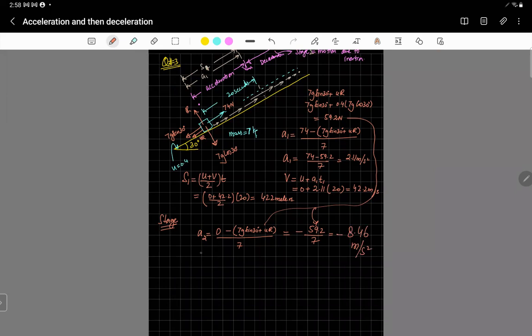Now calculate the time t2 is equal to (v minus u) upon a. The final velocity of the previous stage will become the initial velocity of this stage.